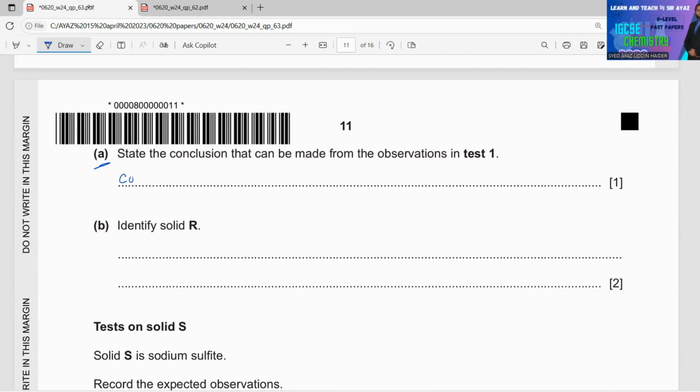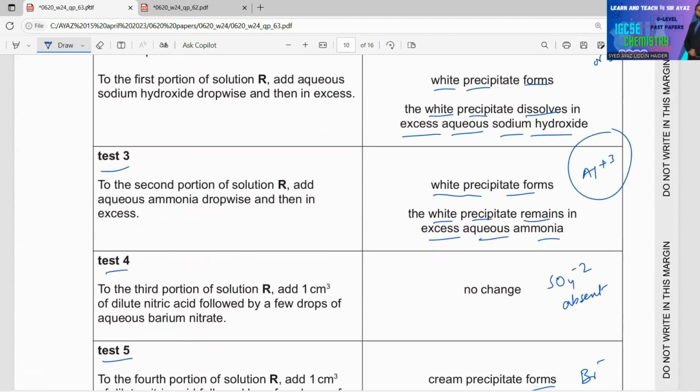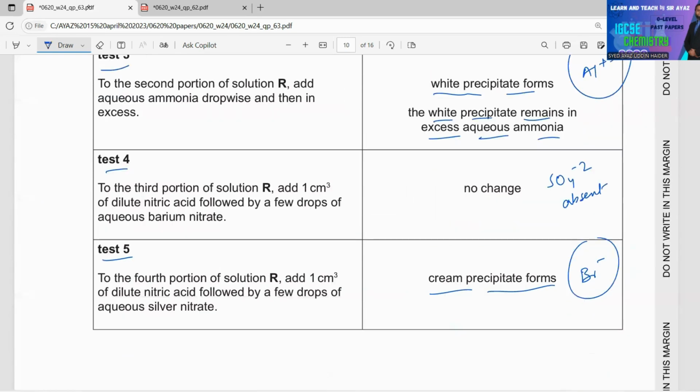So you can write contains water of crystallization. Identify solid R. Now, looking at these tests and observations, what we have concluded is it must be having Al3+ and Br-.